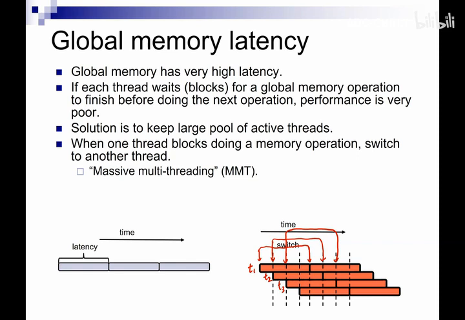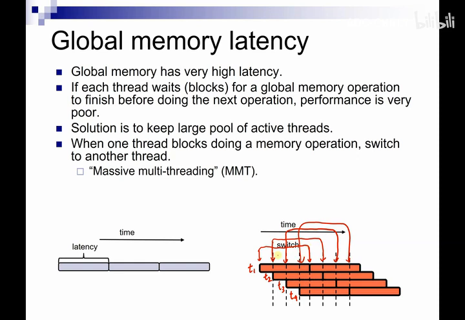And again, we keep switching. As long as you have a thread that has started a memory operation but is still waiting, we keep switching to new threads. So maybe here you start a fourth thread.